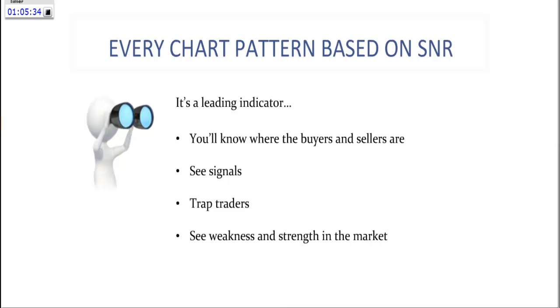And once you know where the support and resistance levels are, well, then you're going to be able to plan your trades accordingly instead of waiting for stochastics to become overbought or RSI to do something or your Bollinger Bands to do something. So support and resistance is very helpful in that respect because it is a leading indicator. And honestly, once you learn how to identify support and resistance areas, you'll be able to read a chart like a book.